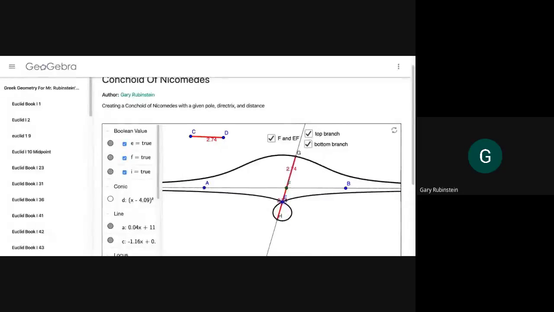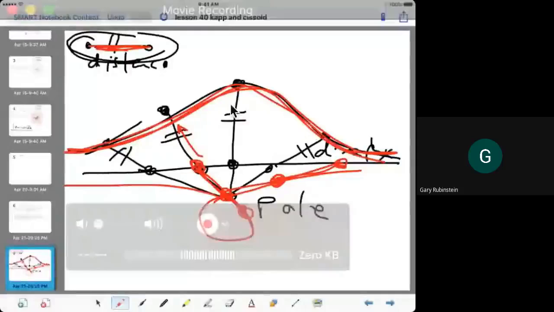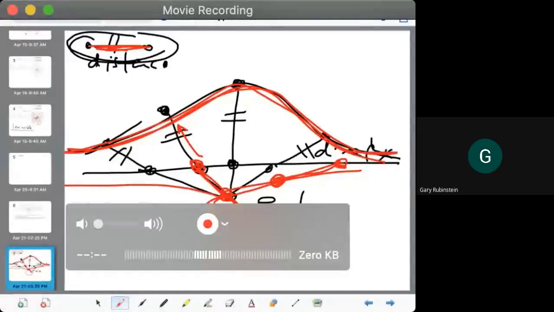Without getting too much into it, the conchoid of Nicomedes is a fairly famous curve.